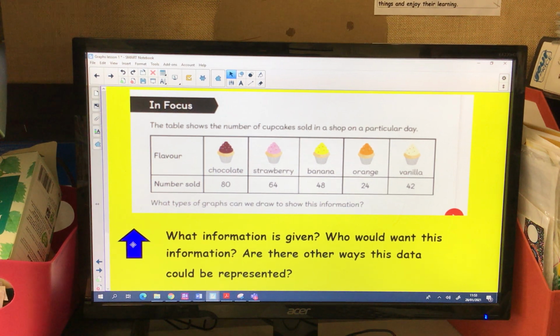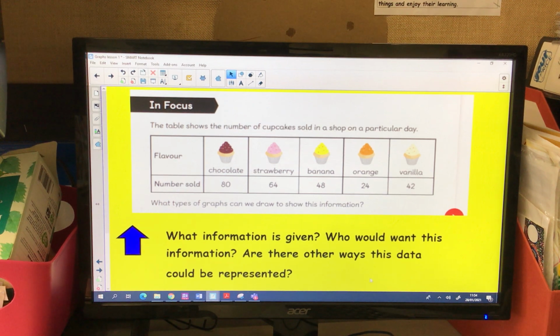It would be no good, this baker, just baking 100 of all these cakes, because there would be quite a lot of waste. It would be no good if the baker was to bake 100 orange cakes and only 20 chocolate cakes, because clearly from this information, the public really like the chocolate cake. So the baker needs to know what his customers like in order to meet that need.